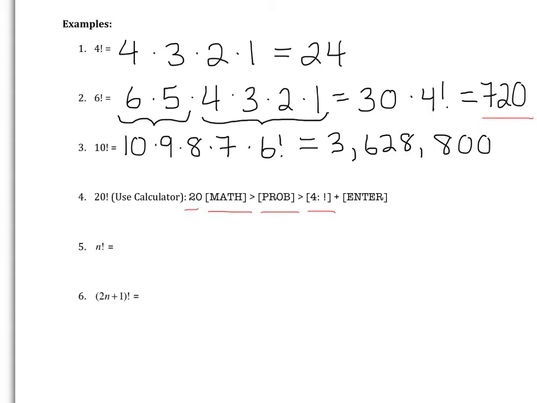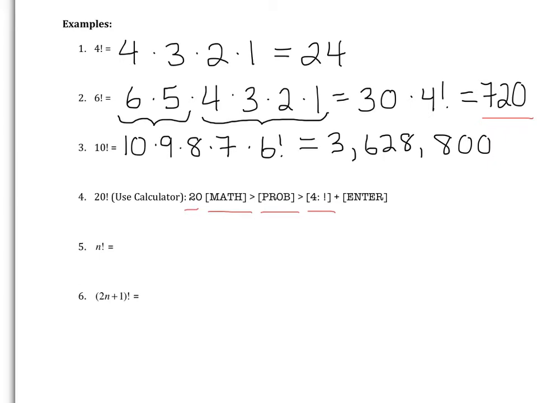All right. And so now if you've been familiar with factorials in the past, you've probably been doing what we did in examples 1, 2, and 3. But for the scope of this course, we're going to be interested in manipulating factorials symbolically.